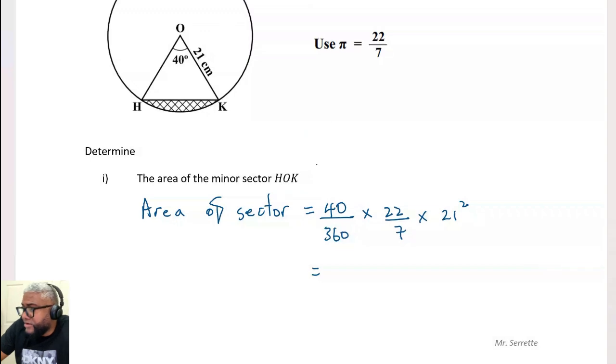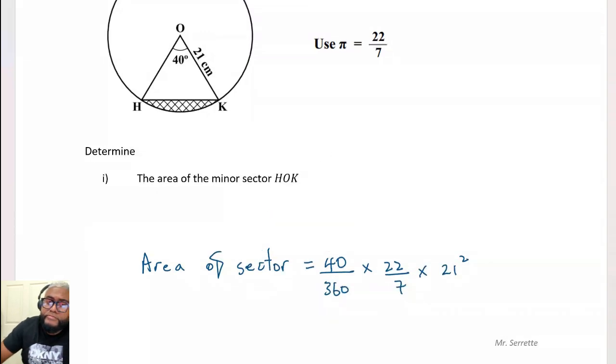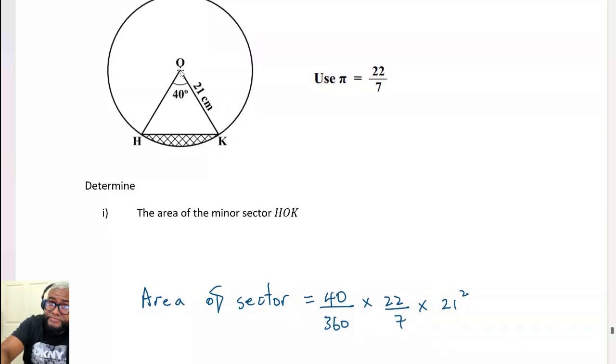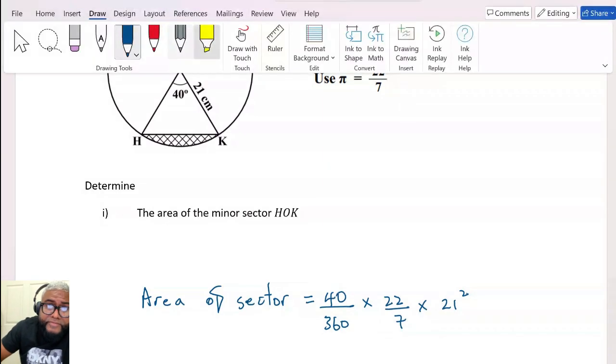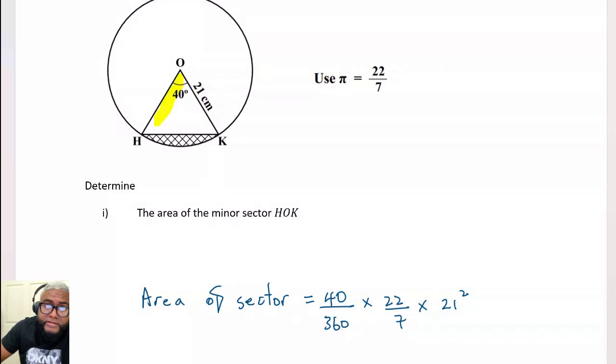What's the formula for area of a sector? Area of a sector is theta over 360 times pi r squared. Right. What is theta in the circle here? The sector we're dealing with, forget the rest of the circle. We're dealing with the sector HOK, let me highlight the whole sector. This is the whole sector here. You see that there, Nathaniel?